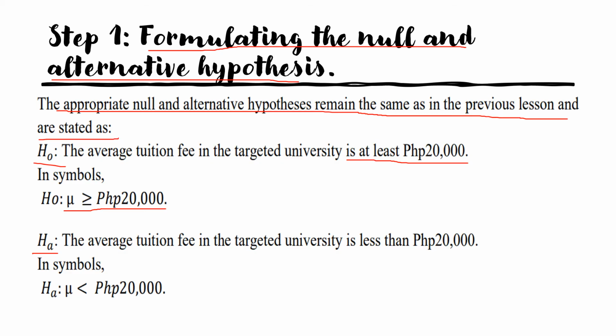For the alternative hypothesis, since the null assumes the population mean is greater than or equal to, the alternative should be mu less than 20,000 pesos, because the alternative is totally opposite of the null hypothesis.